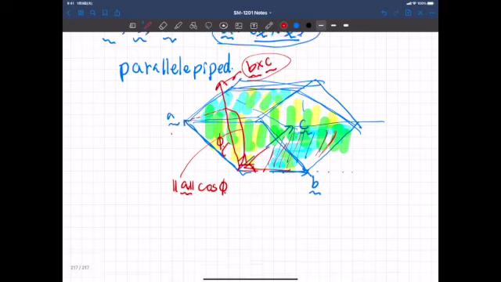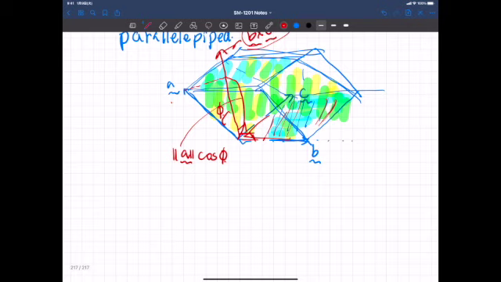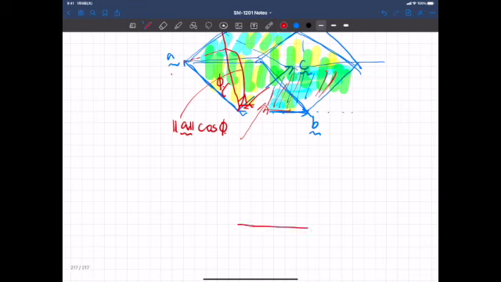Okay, so let's look at this parallelepiped from this side, where B and C are in the same plane.